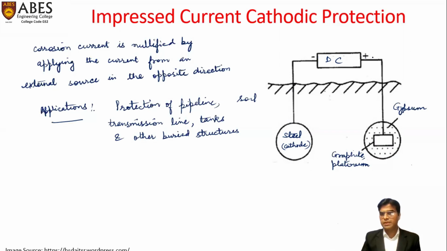The positive terminal is connected to a graphite or platinum electrode, which is surrounded by gypsum backfill to increase its conductivity. So this is how sacrificial anodic protection and impressed current cathodic protection help to prevent the corrosion of the base structure.